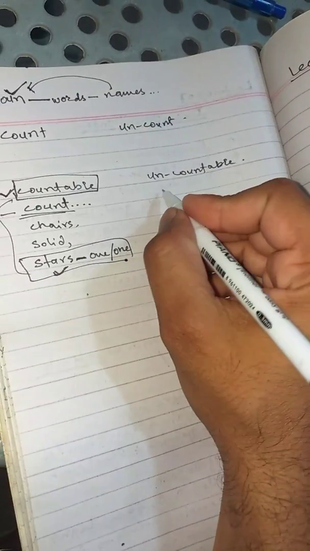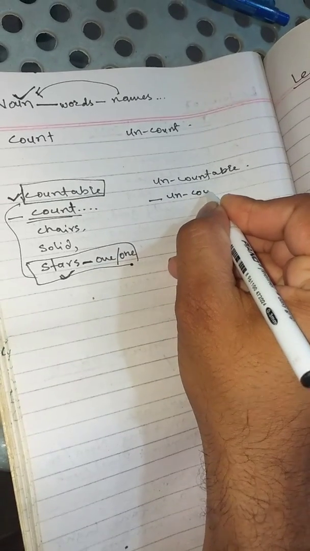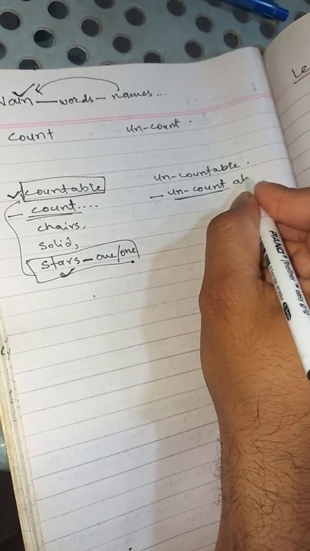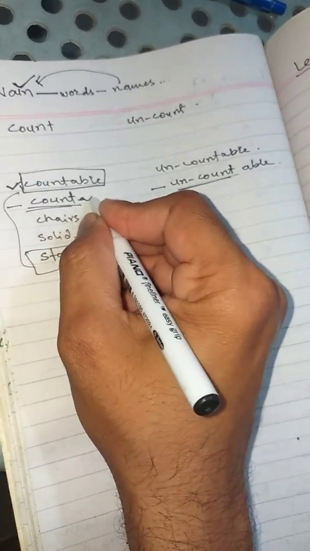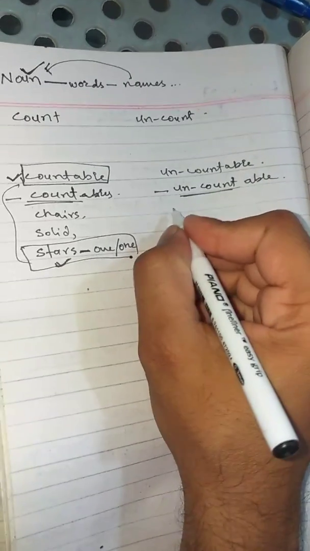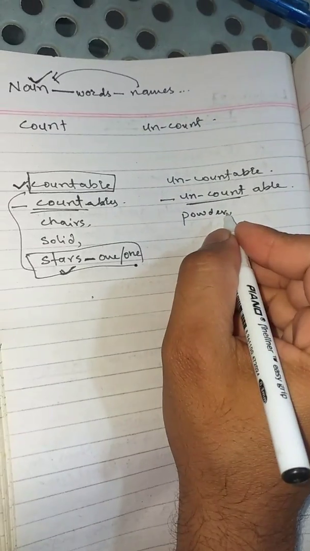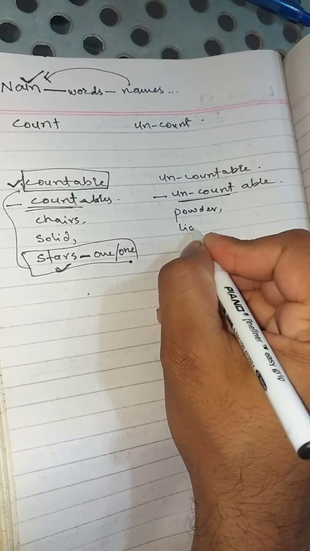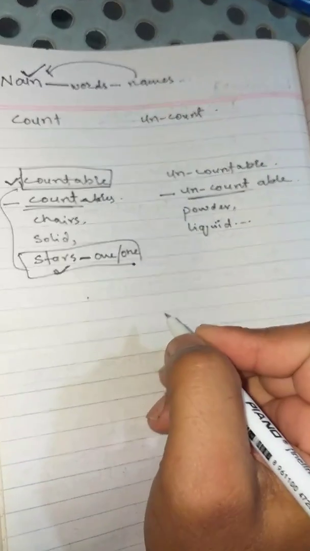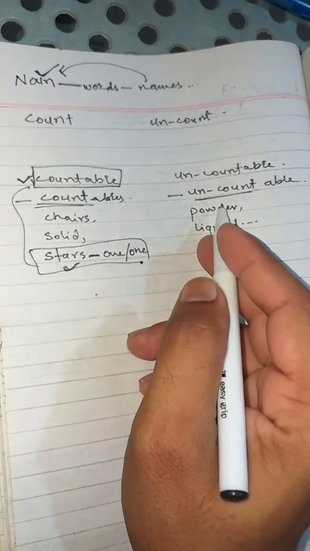And uncountable means the things that you cannot count, the uncountables. For example, the things which are in powdered shape, you cannot count them. Liquids can never be counted, and so on. We are all familiar with these two things.